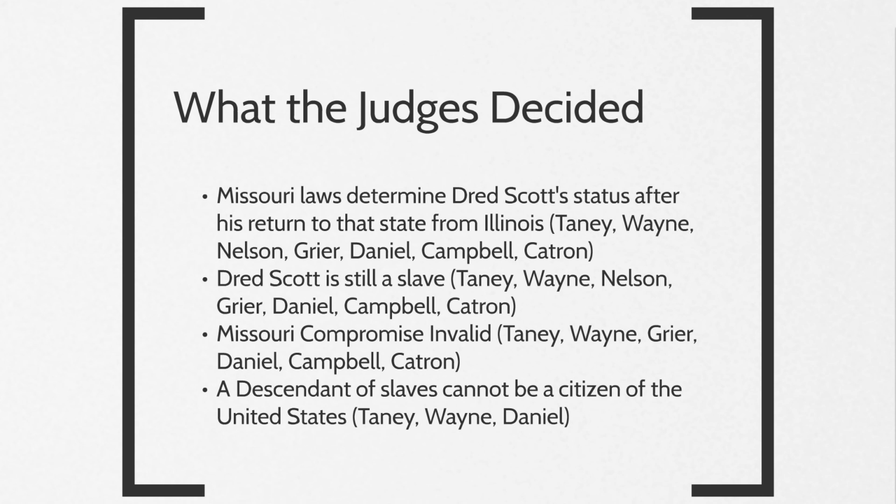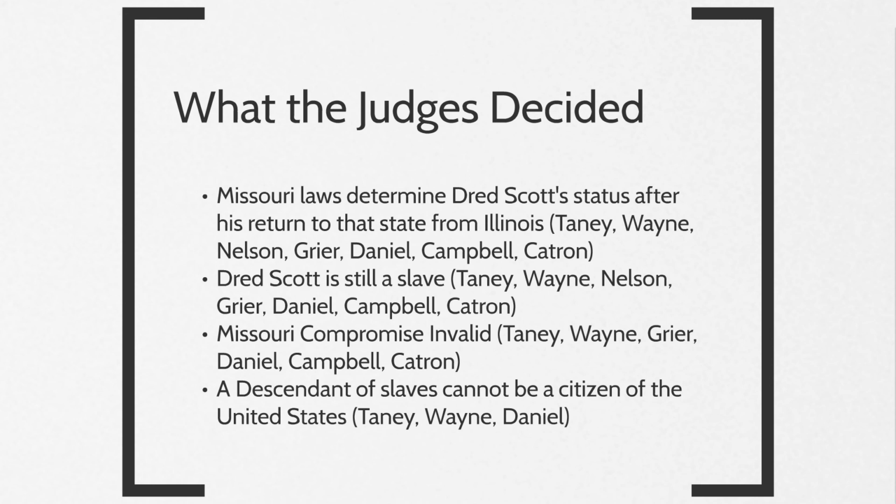First, that the Missouri Compromise was invalid. And here six justices agreed to this. Now, what this meant, by the way, was that the Missouri Compromise, of course, had declared that above the line of 36 degrees 30 minutes, slavery would not be allowed.